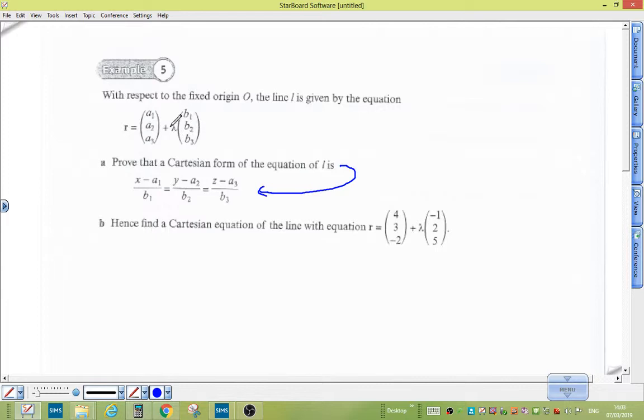All you do is, first of all, write that in its general format. So this becomes A1 plus B1 lambda, this becomes A2 plus B2 lambda, and this becomes A3 plus B3 lambda. Now, for each one of these, r represents x, y, z.